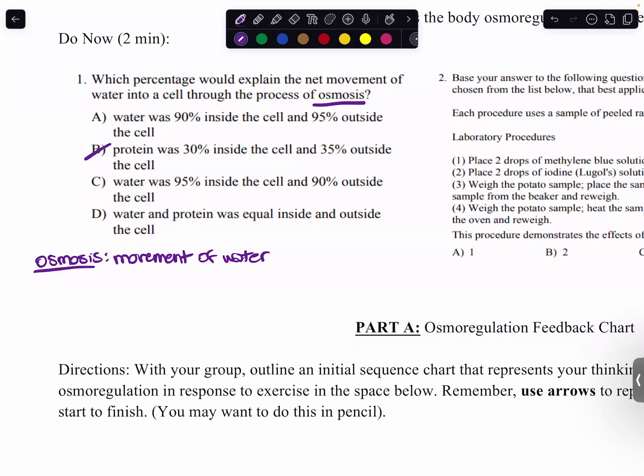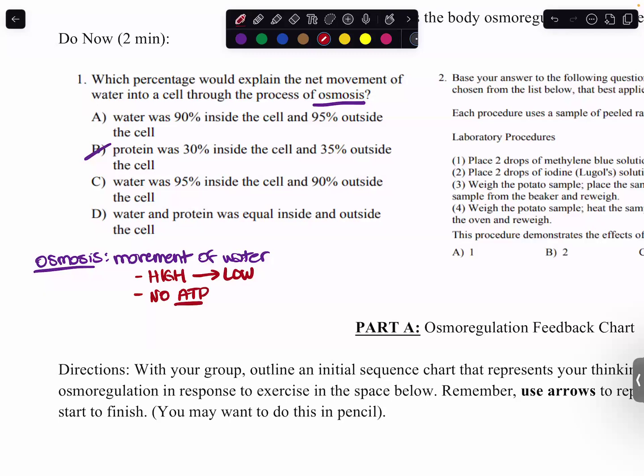That's what osmosis is. And these are three parts that you have to remember about osmosis. Water is always moving from high concentration to low concentration. That's always going to be true, from an area of high to low, right? It requires no ATP energy. No ATP is used to move water.